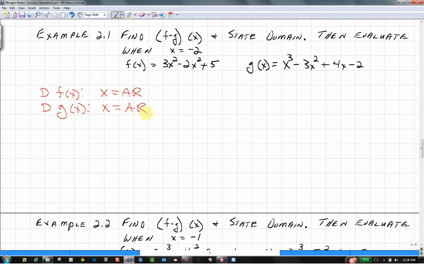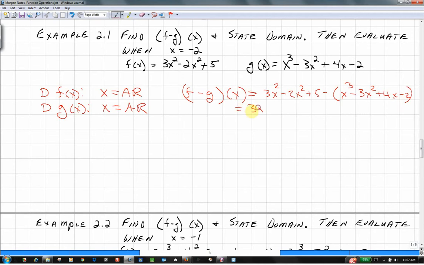So let's actually do the subtraction. We're going to have f minus g of x, so that would be 3x squared minus 2x squared plus 5 minus the entire g of x. Okay, let's go ahead and distribute the minus sign.